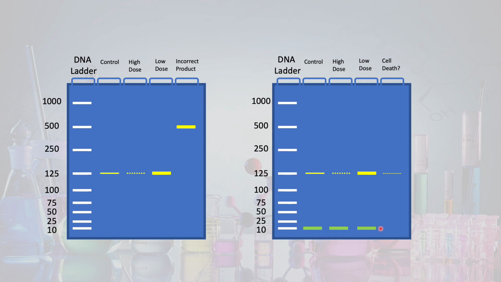So if you look here, we have three identical sized bands. So this would mean that despite the treatment group or the dose of the toxin our samples received, our housekeeping gene transcription amount is the same. So in a control, this is the quantity of mRNA that's being transcribed.